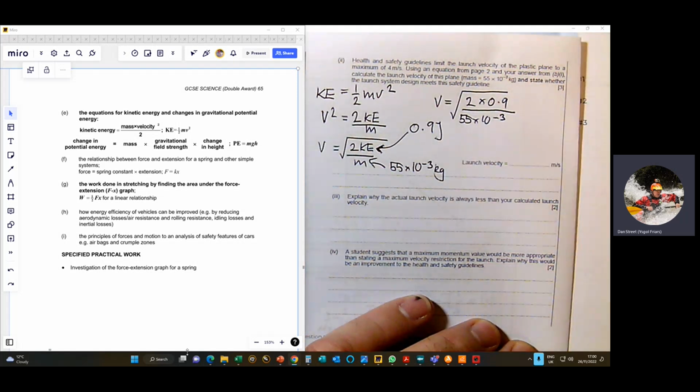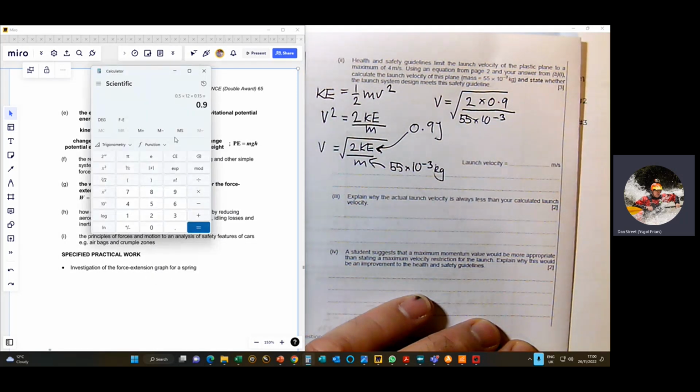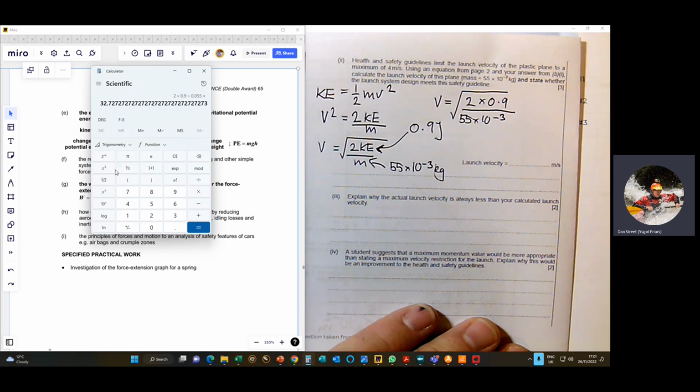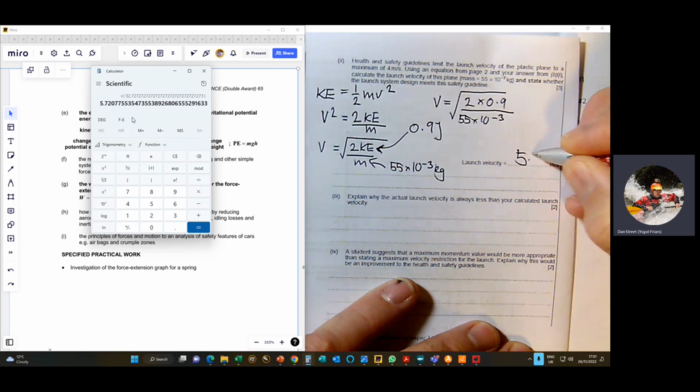Okay, so if we use a calculator to calculate that. So let's just get rid of the previous calculations. So 2 times 0.9, and then if we divide that by 55 times 10 to the minus 3. So that's the v squared, but of course we don't want v squared, we want v. So we need to take the square root of that, and that gives us 5.7 meters per second.